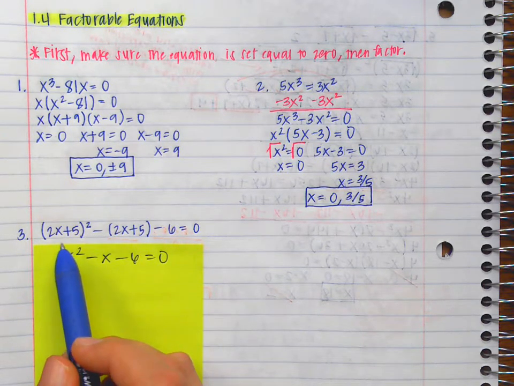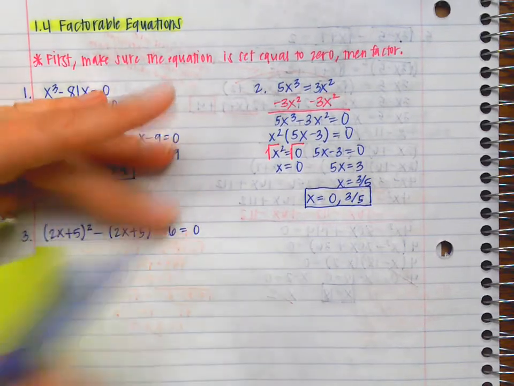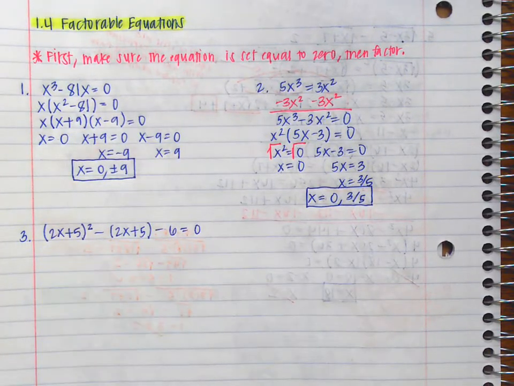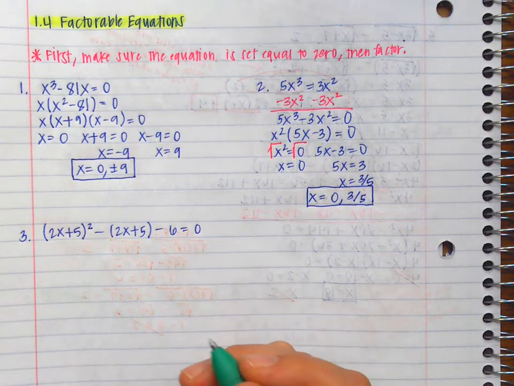Now, we can actually rewrite this equation so it looks like this, using u substitution. We are going to use it in terms of quadratics, but you're going to use u substitution a lot. You use it in pre-calc, you use it in calc, so it's something you're going to see a lot.